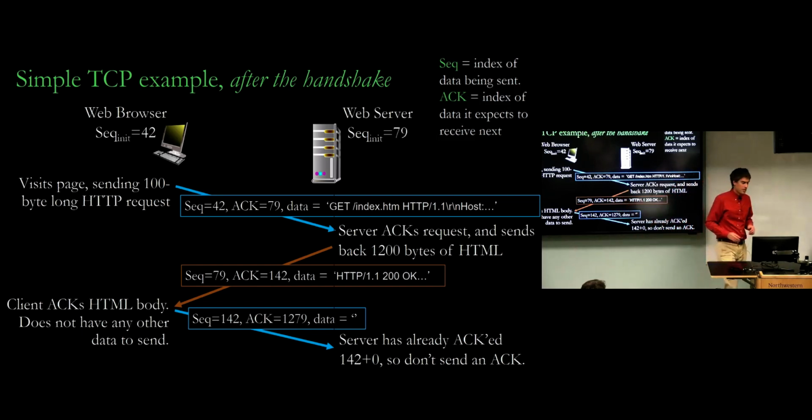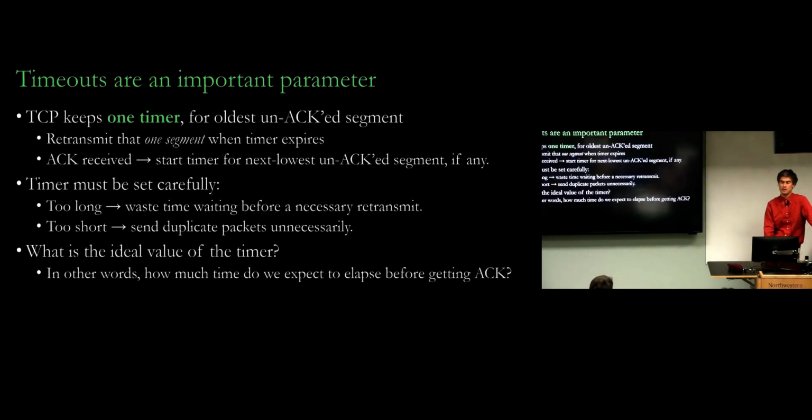And if I get more data that fits right after 142, then I can acknowledge it with a higher number. But if I get data that is out of order, that's early basically, and there's a gap, then I don't acknowledge anything. Actually, I do acknowledge the old number again, and we'll see what happens with packet loss in a few slides.